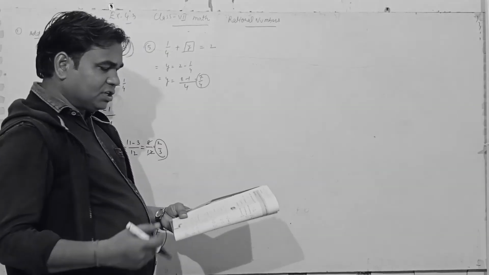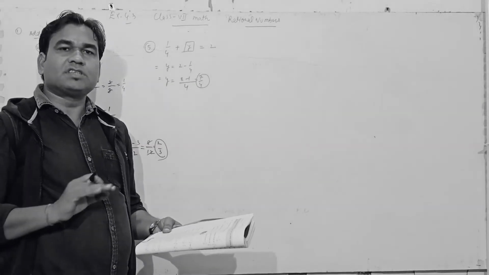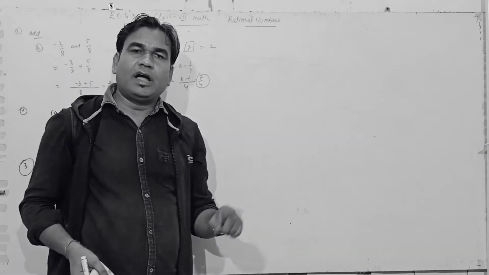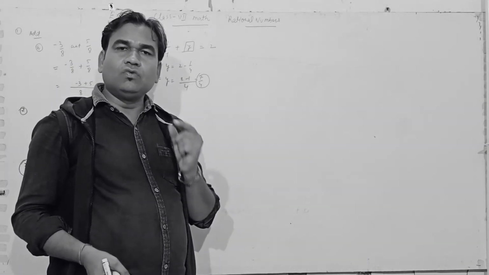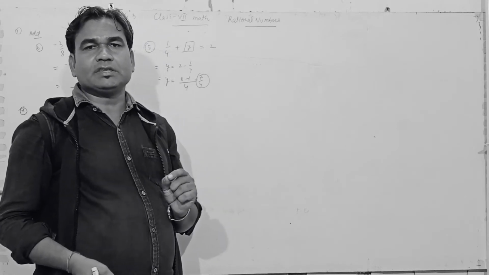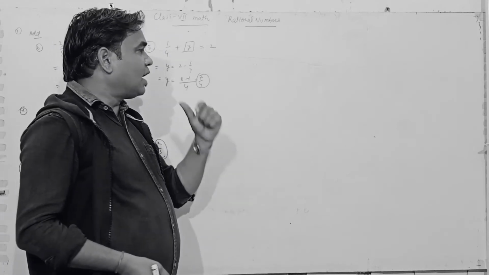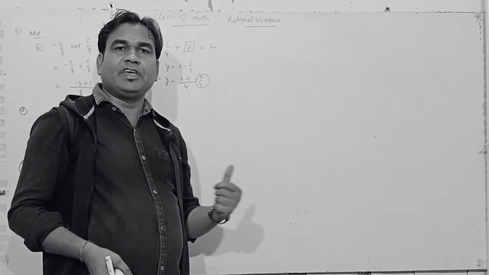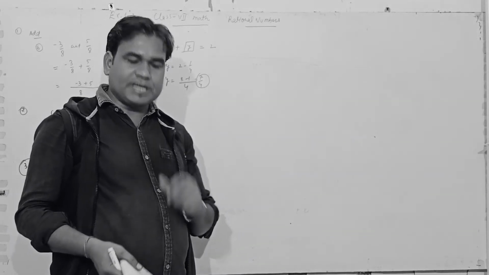And question number 6 is the same, subtraction. In the beginning part you had addition, and in subtraction you have to notice one thing: when the other number is negative and the subtraction sign is given, the sign should be changed.